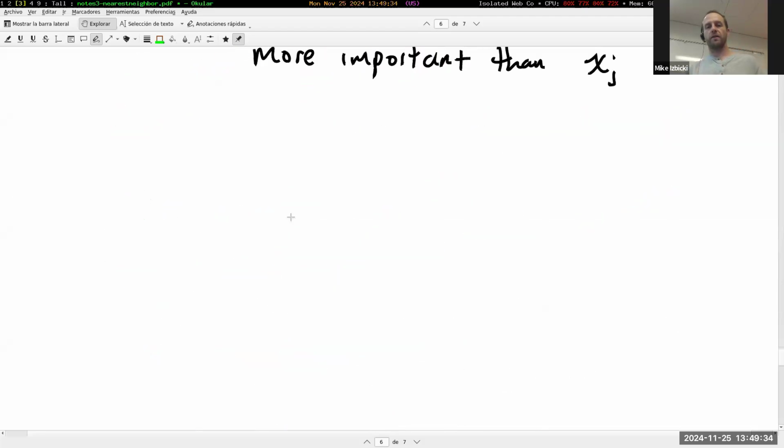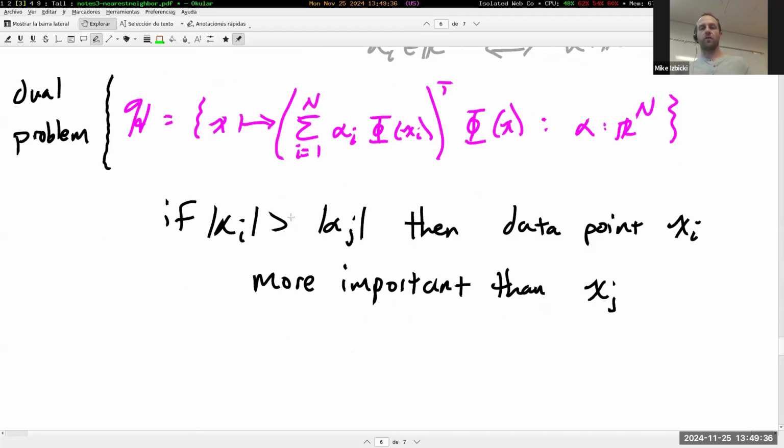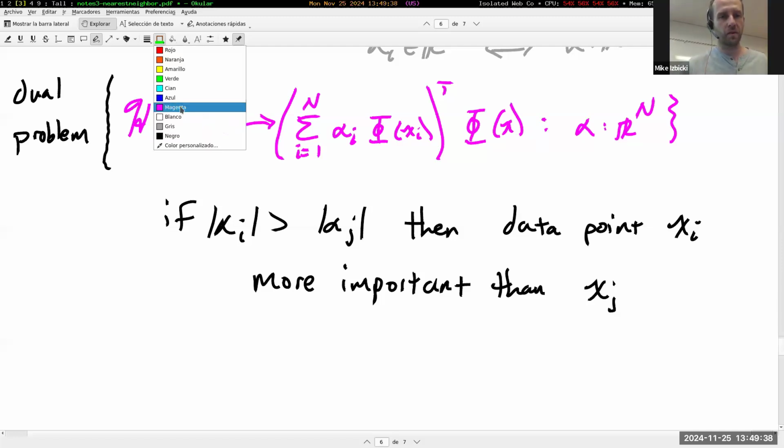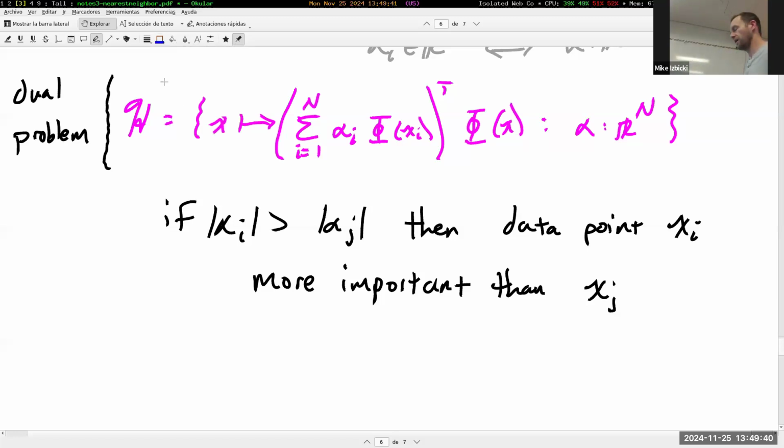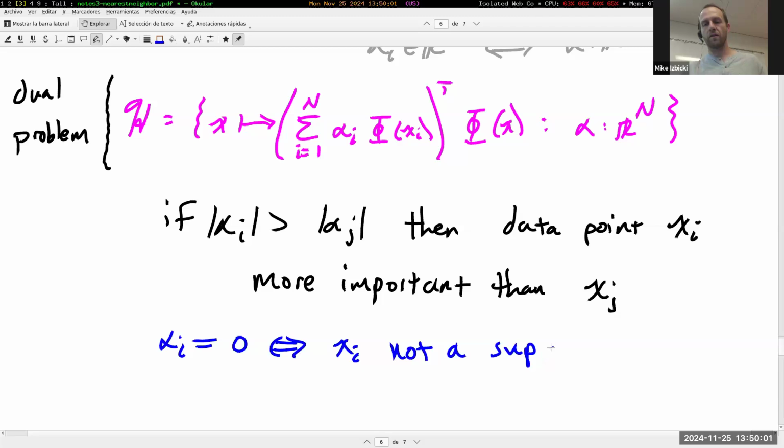And scrolling back down here again, for the alphas, the details depend exactly on how the optimization is done. But in general, if alpha sub i equals 0, that implies that the data point x sub i is not a support vector, and so not important.